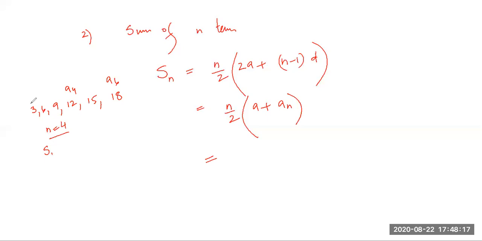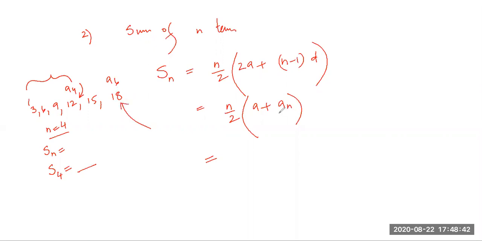Well, that means the sum of the first 4 terms, right, students? S4 means the sum of 4 terms, that's equal to 3 plus 6 plus 9 plus 12, whatever it comes. But A4 is not the last term of this AP. The last term of this AP in this case is A6.